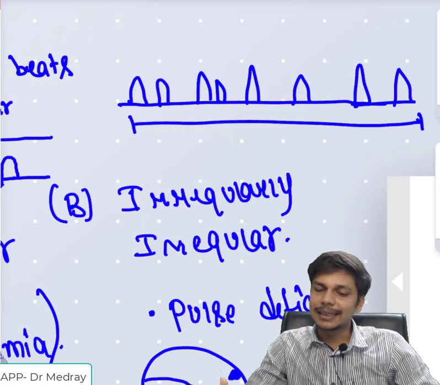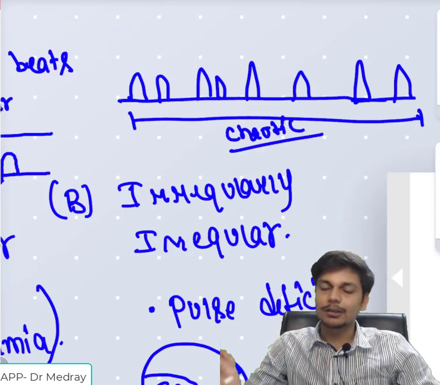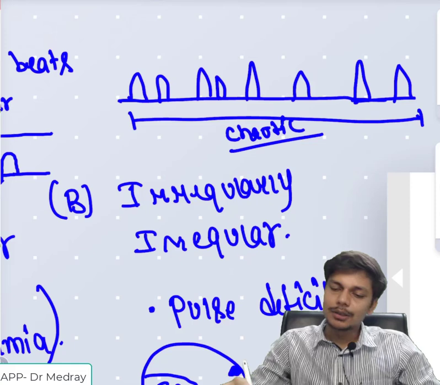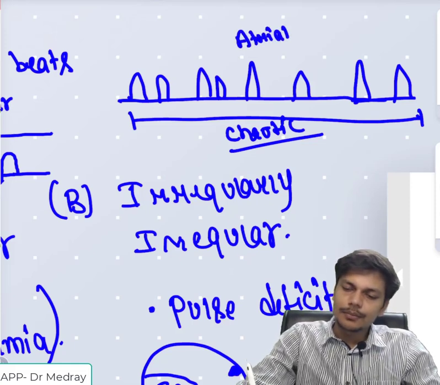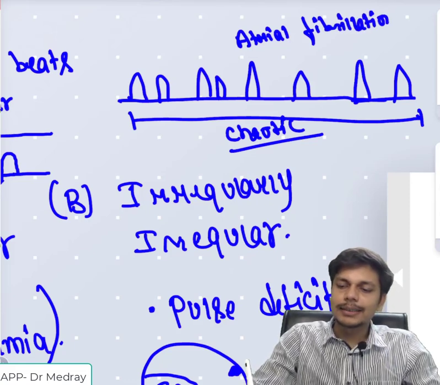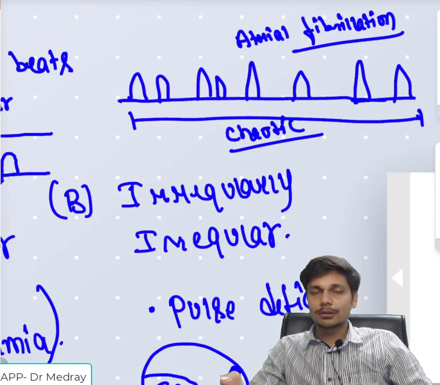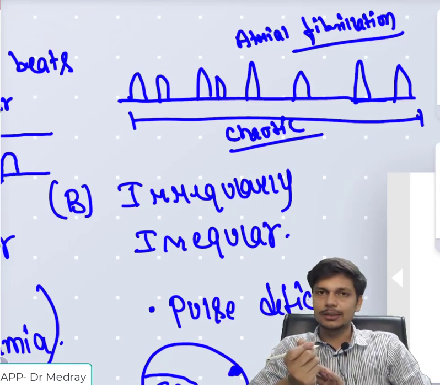So the rhythm is irregularly irregular, or chaotic. This kind of irregularly irregular rhythm occurs in atrial fibrillation, which is totally chaotic.